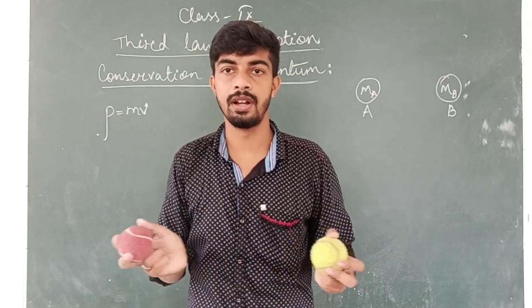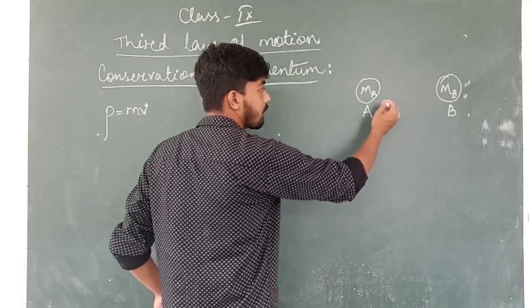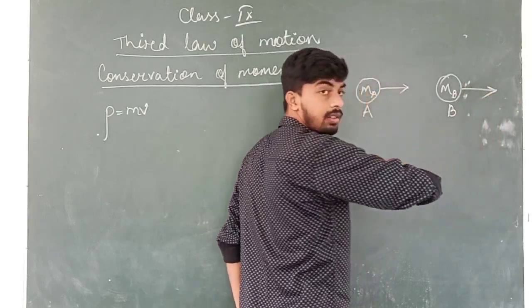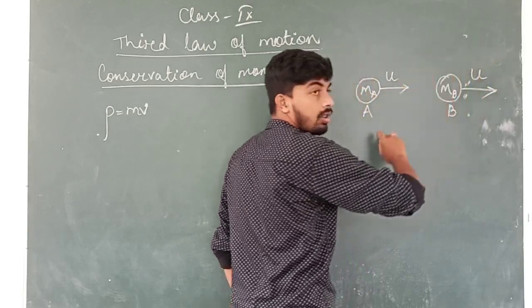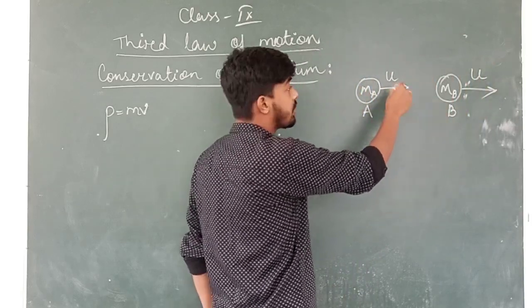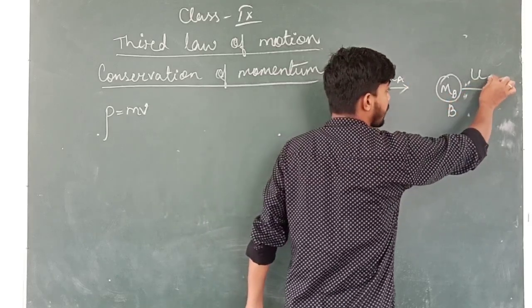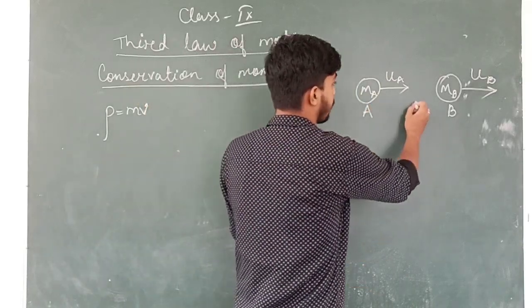Here this is moving this side, and this is also moving this side. Both are moving with the initial velocity u. For object A, the initial velocity is ua. For object B, the initial velocity is ub. This is the first condition.